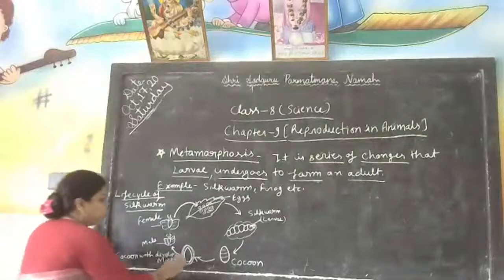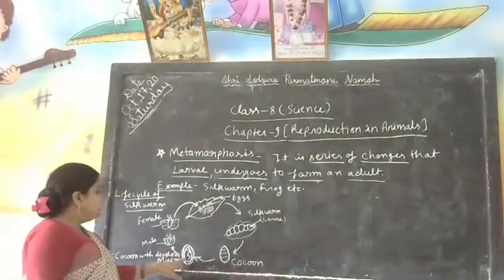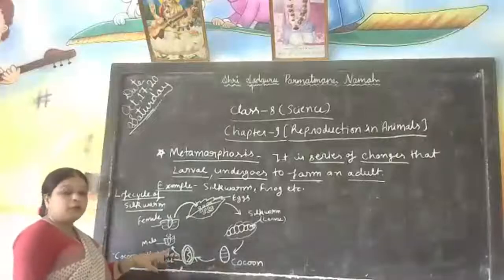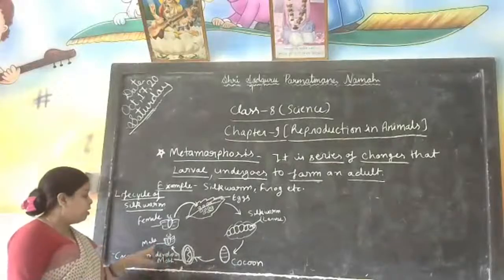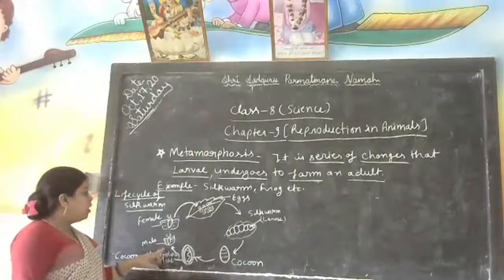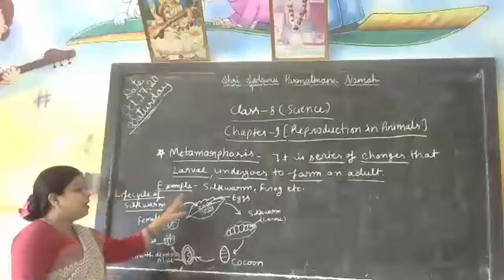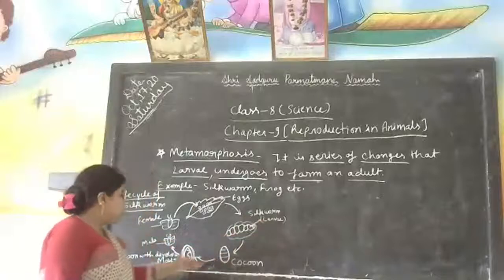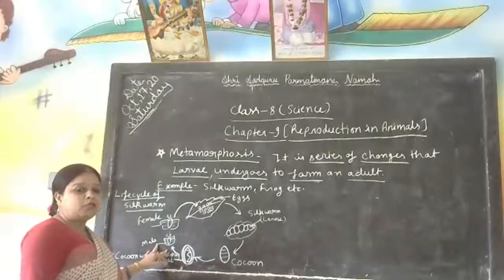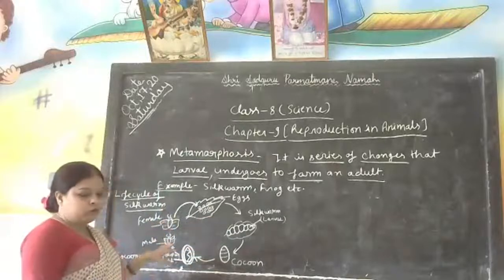Then this converts into young ones, or we can say adult, and this is the female which lays eggs. So this is the life cycle. You can see that there are so many changes in the larva, and then an adult is formed. So this is the example of metamorphosis.